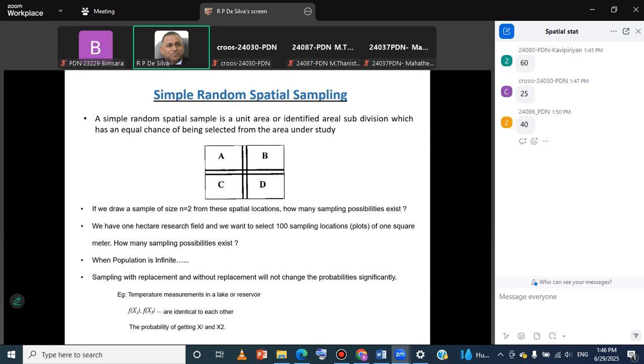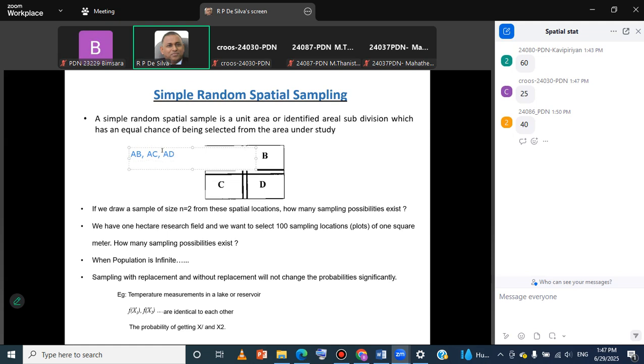Now you can use combination. AB is possible, AC is possible, and AD.